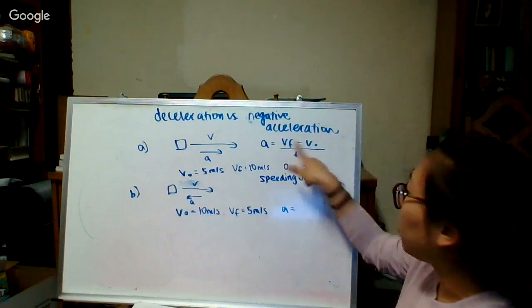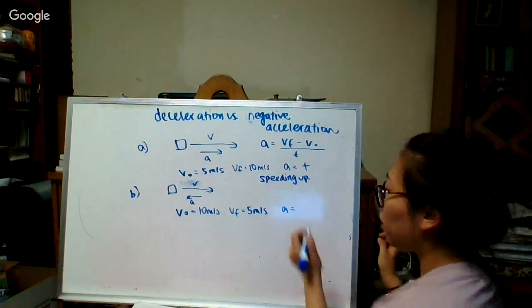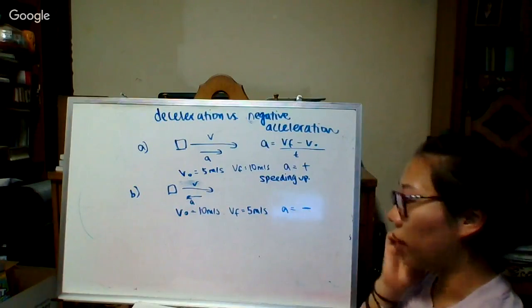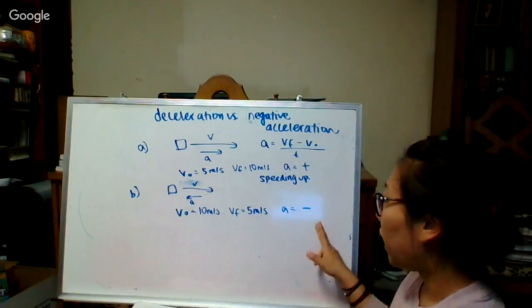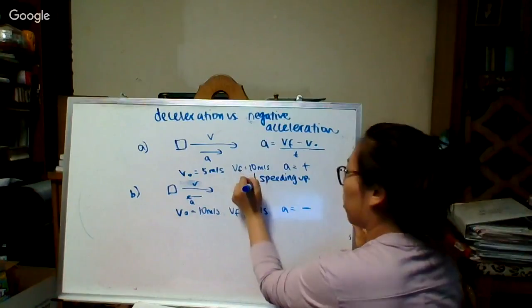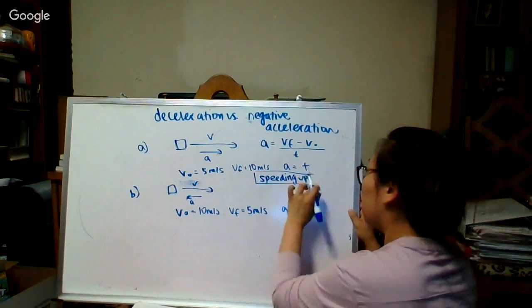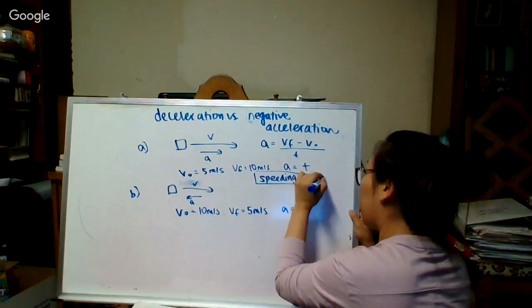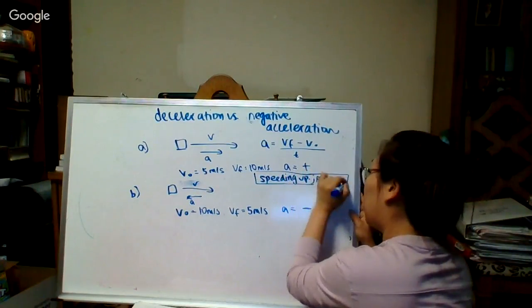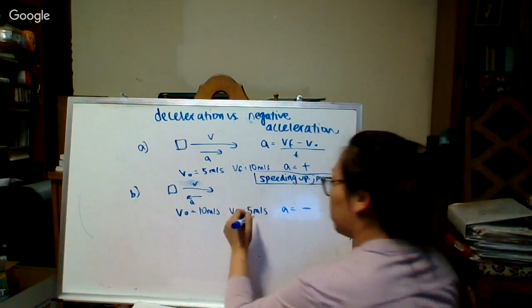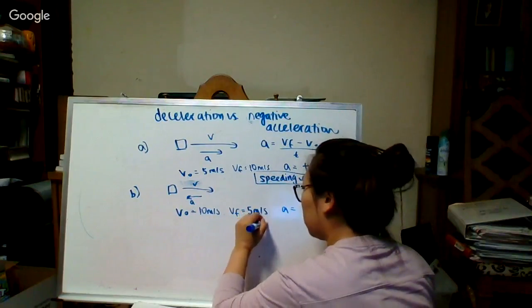Then, because it's final minus initial, will be a negative number, right? So this has negative acceleration. Okay, so A is speeding up, with positive acceleration. And then this one has negative acceleration.